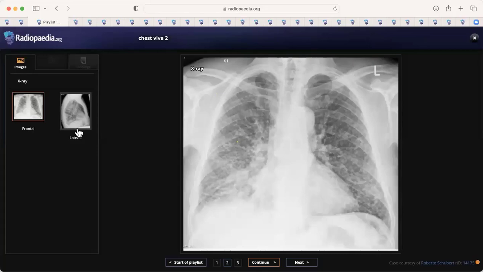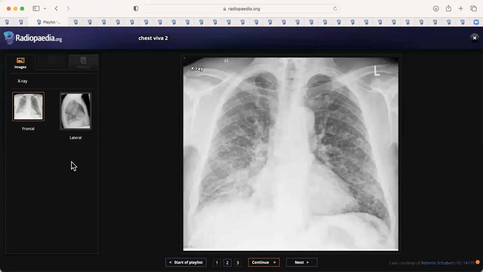There is diffuse reticular opacity at both lungs with increased density at the right lower lung zone, obscuring the right heart border. Both hila are unremarkable. No evidence of pneumomediastinum, pneumothorax, or pneumoperitoneum.